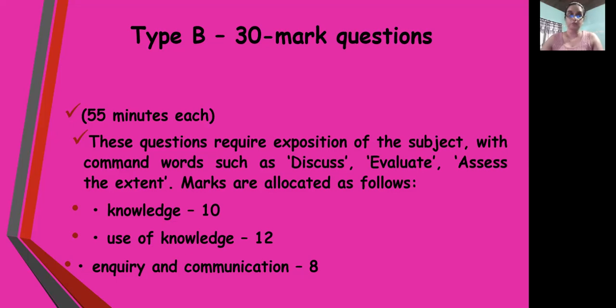Okay, so it's more than just writing information. It's how you use the information that you know, and how you write it back in a critical way. So they're looking at what we refer to as critical thinking for the 30 marks with the Type B essays. And as I said, I'll come to that.